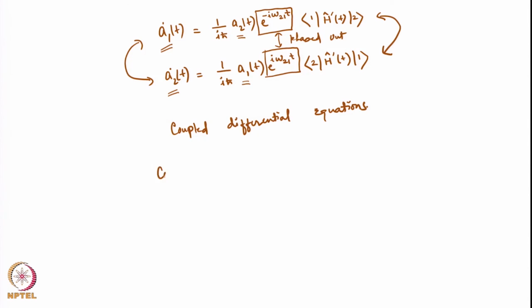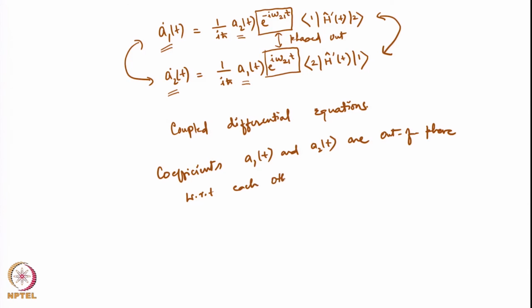So the coefficients A1 t and A2 t are out of phase with respect to each other. Okay, so what are A1 and A2?